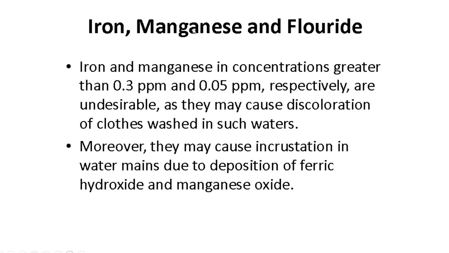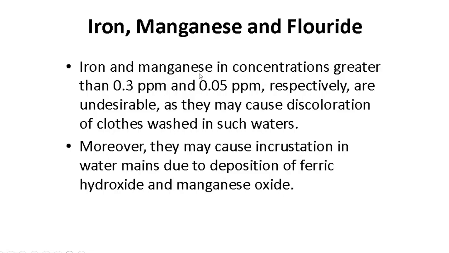Then we have other critical components in water, the chemical properties, which are iron, manganese, and fluoride. The presence of iron, manganese, and fluoride in water is also very significant if it is in greater concentration.